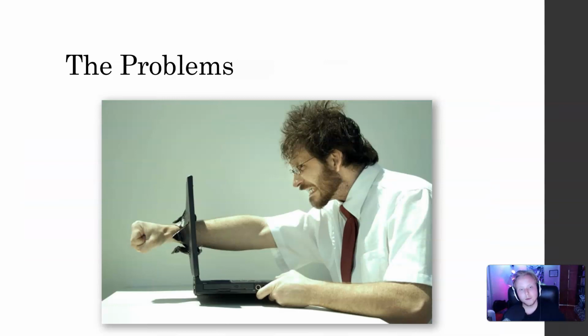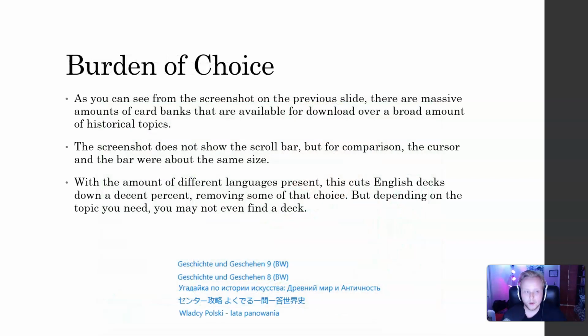Now let's get into some of the problems of the application, because it has its fair share. One problem being there is a massive burden of choice when it comes to selecting a deck to use. As you can see from the screenshot that we just looked at on the previous slide, there are a massive amount of pre-made banks that are available to download, and all of these decks are scattered over a bunch of different historical topics.